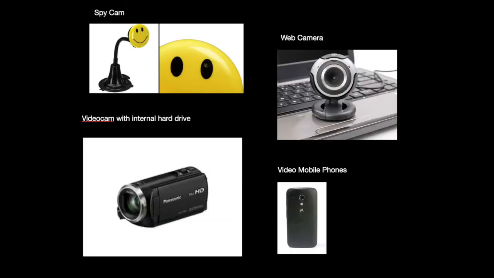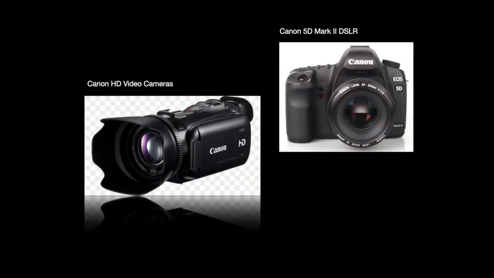The photographic also moves into video and moving image. Web cameras every day. We've got our mobile phones recording video. We've got spy cameras, handycams, where they have an internal hard drive. We have Canon high-definition video cameras.